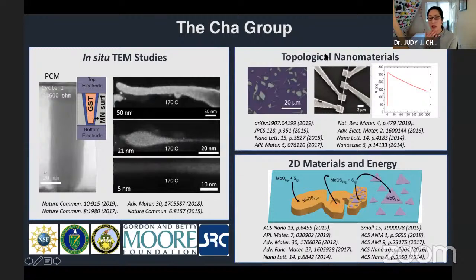The 2 classes of materials that I study are topological materials in nanostructures, and a lot of 2D materials. A subset of the 2D materials that I study are topological. Many of these topological and 2D materials have lots of different crystal phases, and with those different crystal phases, you have different electronic properties. So we use TEM and apply stimuli inside the TEM to initiate the transformations and study how the transformations happen at the nanoscale.